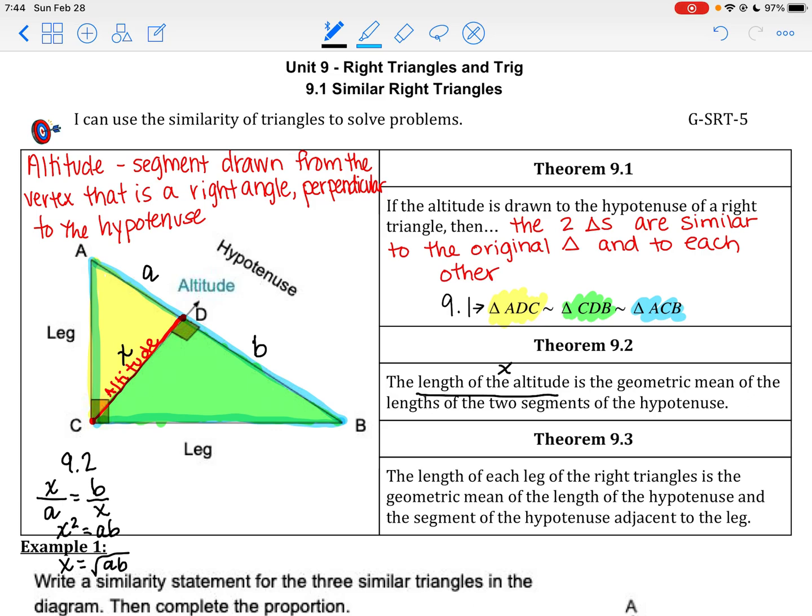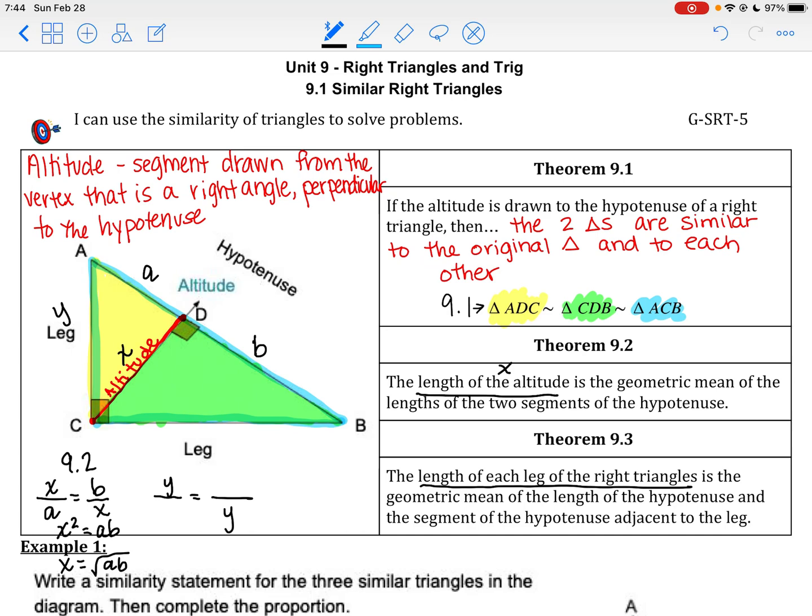The next theorem we have is theorem 9.3. This one says the length of each leg of a right triangle, let's call AC our first leg that we're going to be working with, is the geometric mean. I'm going to put that variable for the leg on the top of the first ratio and the bottom of the second.